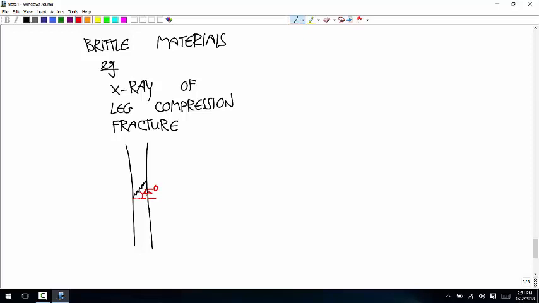In fact, that's what orthopedic surgeons look for, or forensic scientists who are trying to recreate it. If you see a fracture like that oriented 45 degrees, then you know that happened as a pure compression fracture, as opposed to a twisting fracture or something.